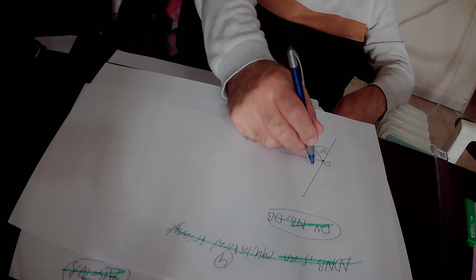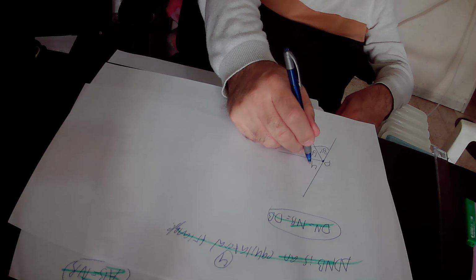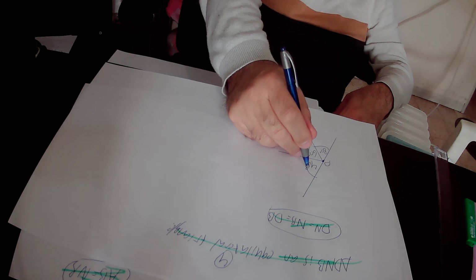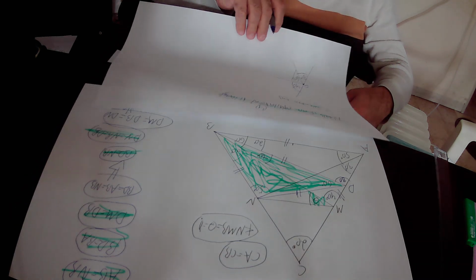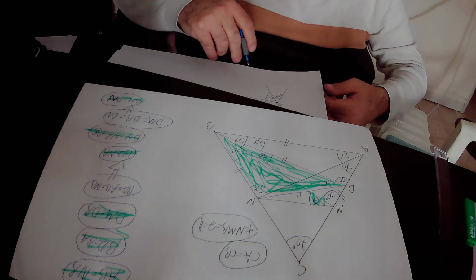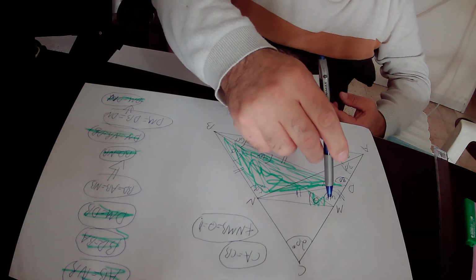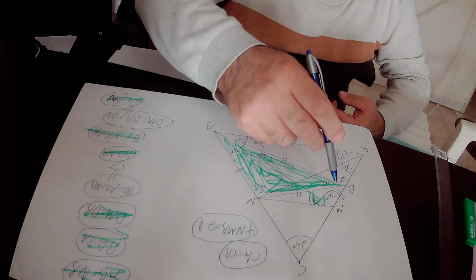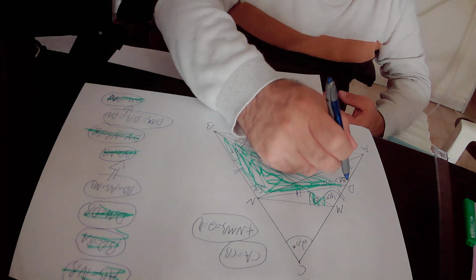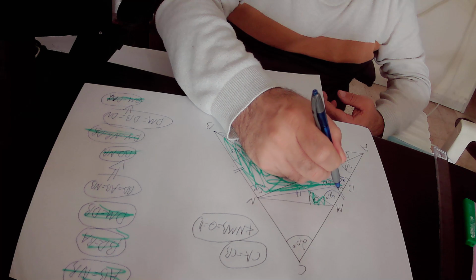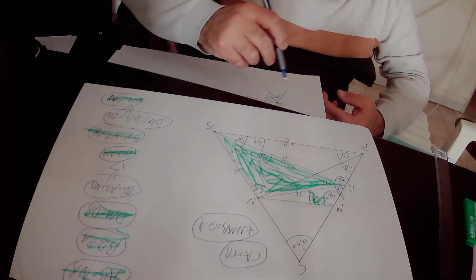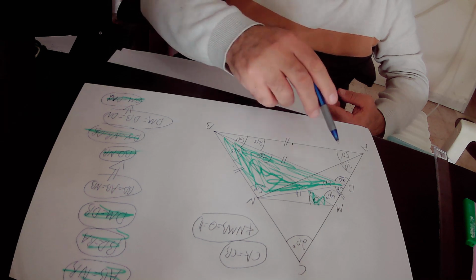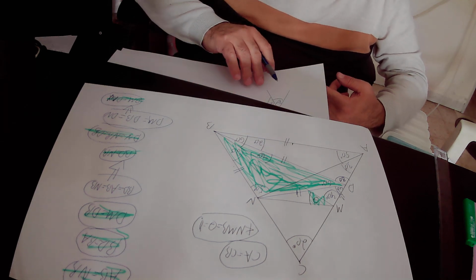So the missing angle must be equal to 40 degrees. So the angle MDN must be equal to 40 degrees. In the next step, I will copy triangle MDN onto a new page and we will analyze it.